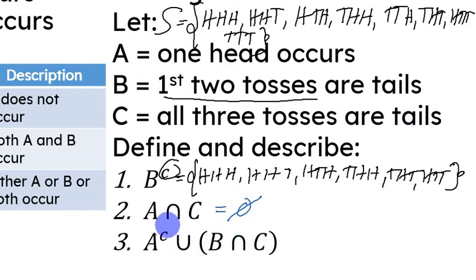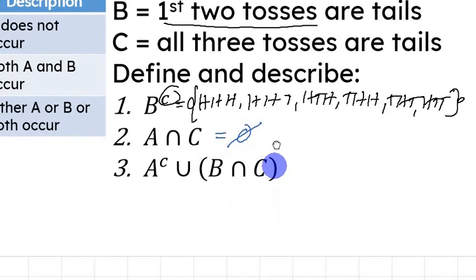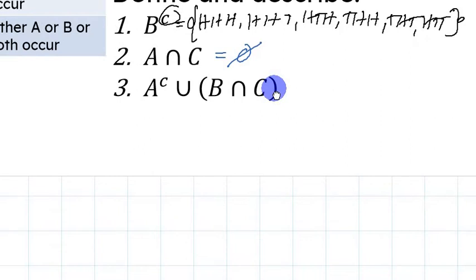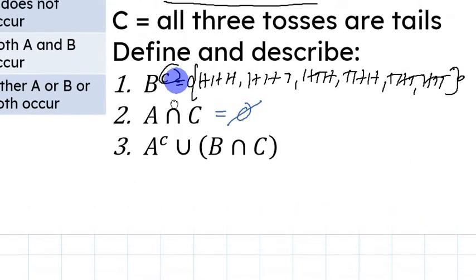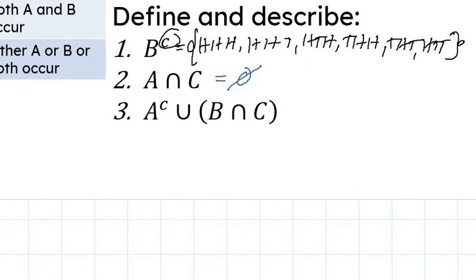For letter C, we're asked to find A complement union B intersection C. So first, to make it easier, let's find A complement and B intersection C. There you go. Let's just place it like that.